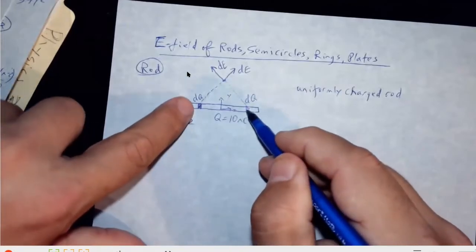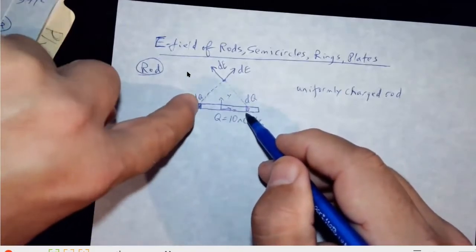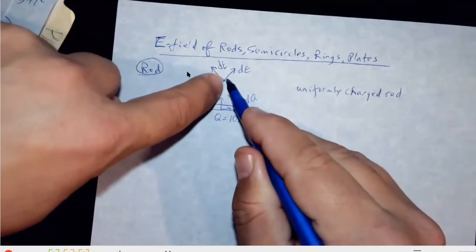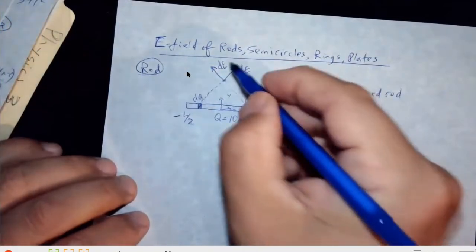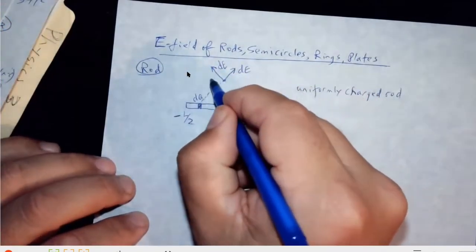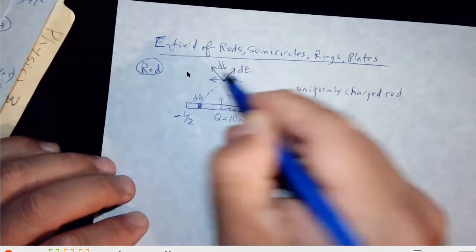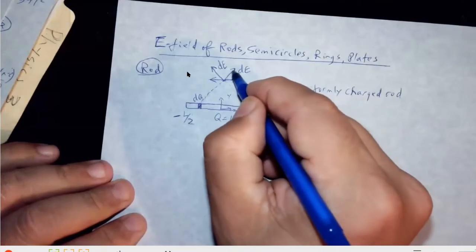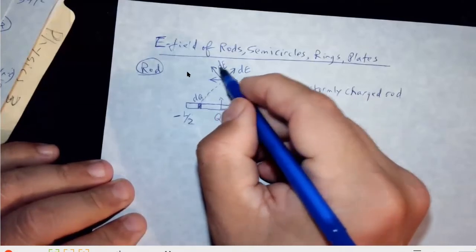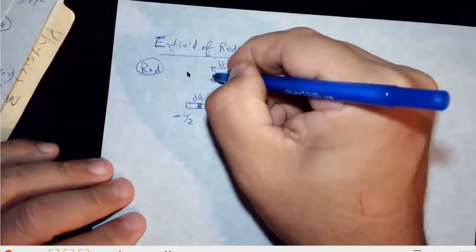So the electric field created by that dq and that dq sort of cancels out here. Their x components cancel out, so the x component of this is equal to the x component of that. Those are gone, and the y components double.